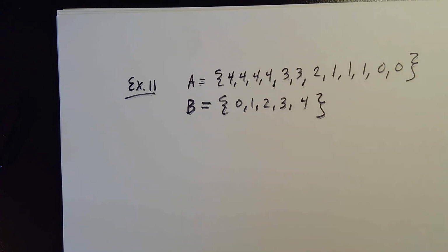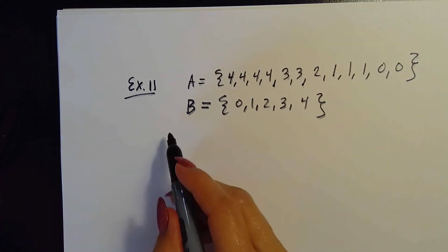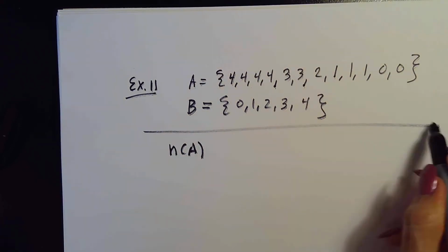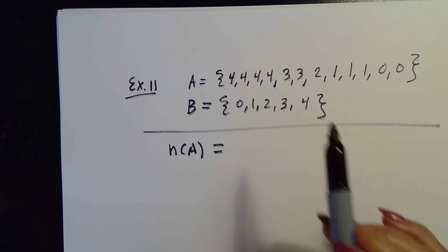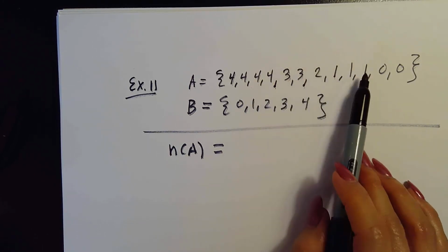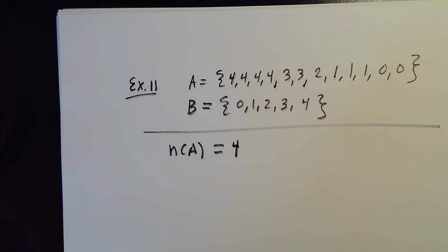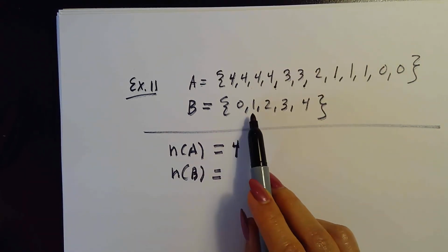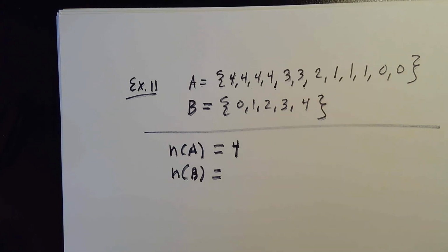Now, let's look at the cardinality of A, and we are only going to count the different numbers. So 4, 3, 2, 1, and 0. So you have 1, 2, 3, 4... Oh, you know what? I missed the 2. 1, 2, 3, 4, 5.